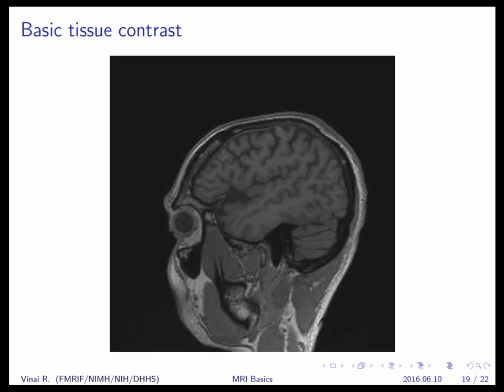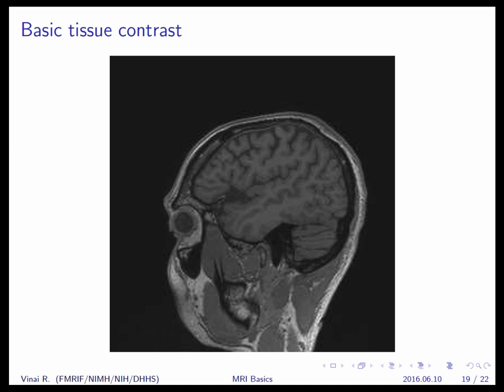Okay. So I just had some simple examples here showing how you can exploit these different contrast mechanisms to get images that look like a brain. This is a typical fluid attenuated T1 weighted brain image.